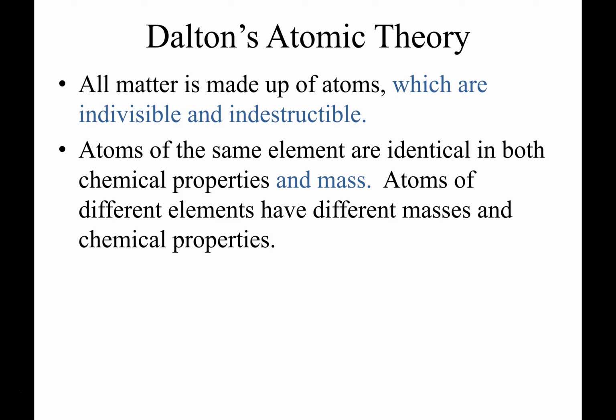Another main point of Dalton's atomic theory is that atoms of the same element are identical in chemical properties. But he went on to say that all atoms of the same element have the same mass, and that's not true. You guys know there's this thing, we'll talk more about it, called isotopes. He also said that atoms of different elements will have different masses and different chemical properties.